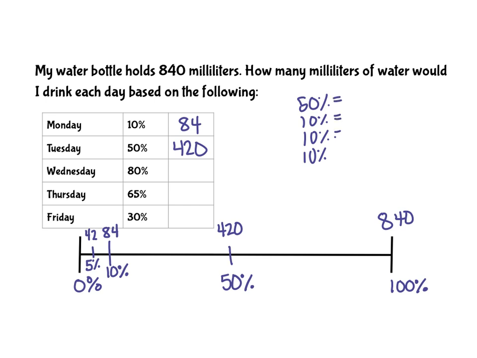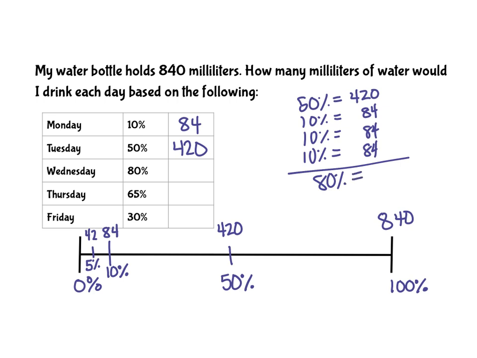Or you may have done 100% minus 2 10%. But I already started it this way, so this is the way I'm going to do it for now. But always more than one way to do it.